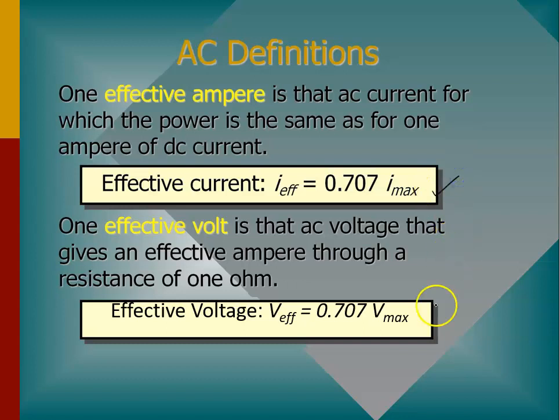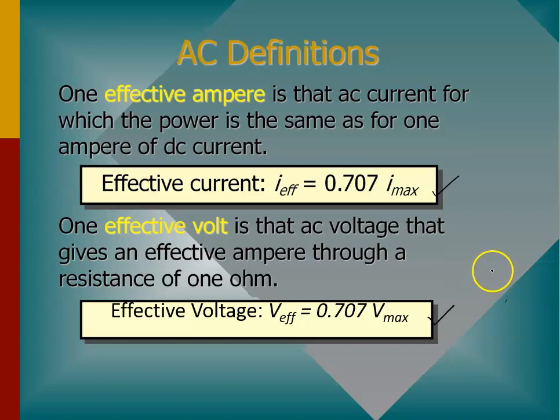It is also similar with the V effective and V maximum, because as you recall on my first slide of alternating current, which is the definitions of alternating current, you see a graph of EMF maximum and also I maximums, and you can see that the graph is actually similar to each other.